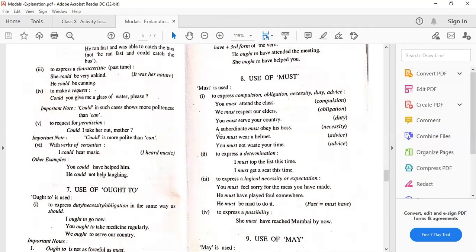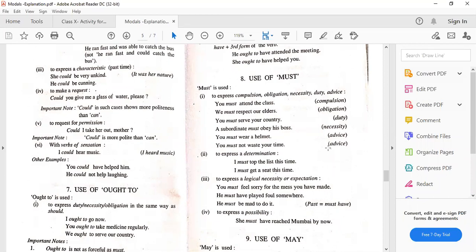Necessity कि जो subordinate है उसको अपने boss की मानना चाहिए. You must wear a helmet. It is an advice and it should be followed. Must be followed. ज़रूर करना चाहिए because it is for your safety. You must not waste your time. Again, a necessity or an advice which should be followed compulsory.